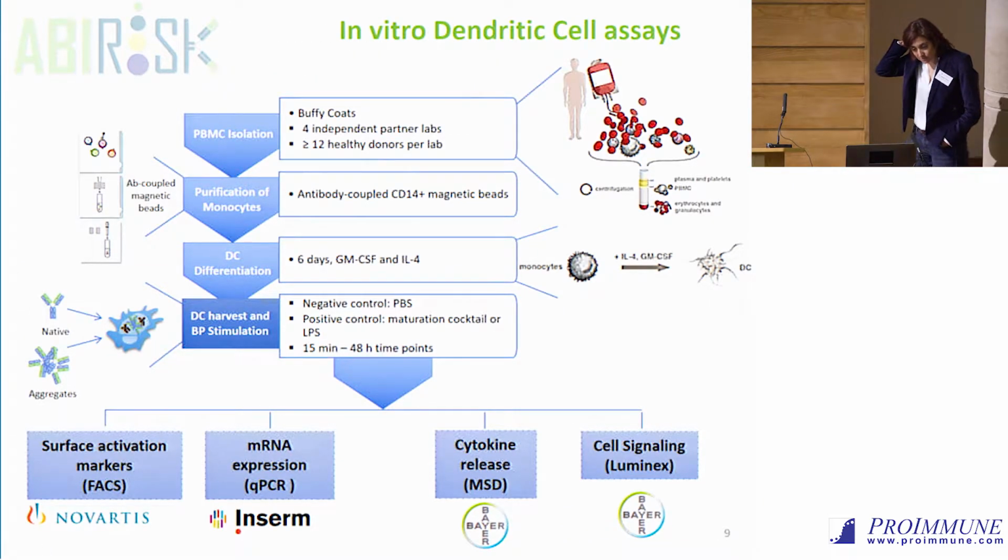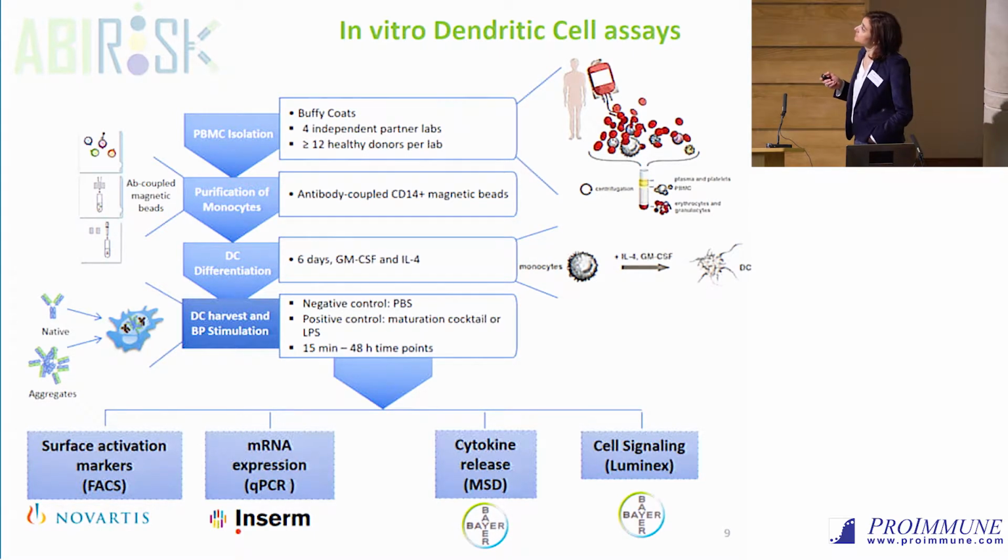Then we use these aggregates to test DC activation in a monocyte-derived dendritic cell model. So in short, we took some blood from healthy donors, and independently the 4 labs prepared the dendritic cells.